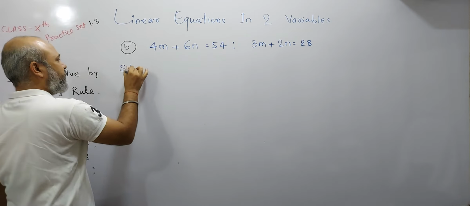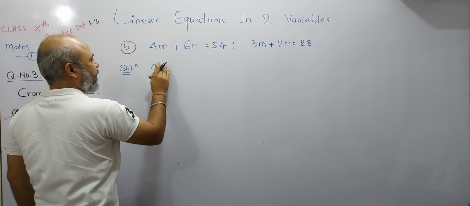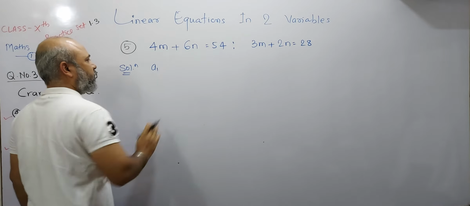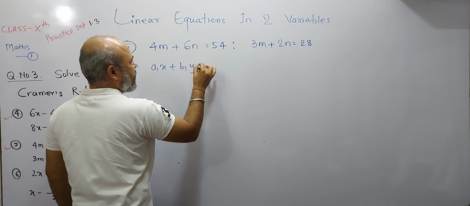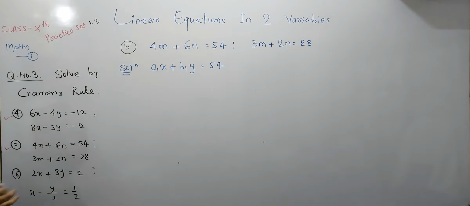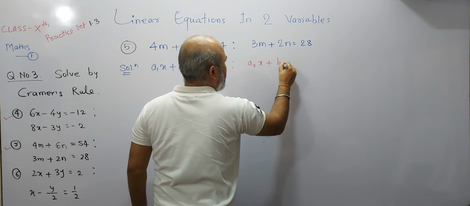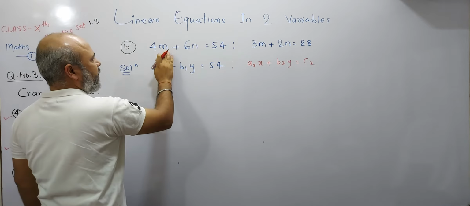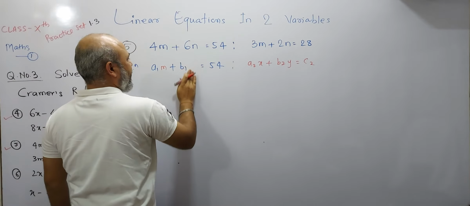So start the solution. We are going to compare this equation with A1x plus B1y is equal to 54, and here A2x plus B2y is equal to C2. Here the variable is m, so write m as the variable, and here n is the variable, so take n.